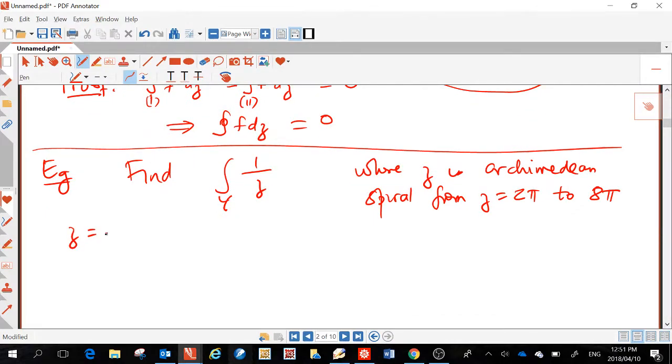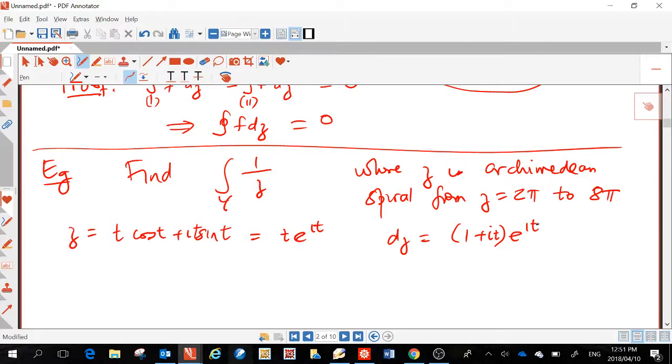You take z equals t cos t plus i sine t, that's t e to the it. And so dz works out to be 1 plus it, e to the it.